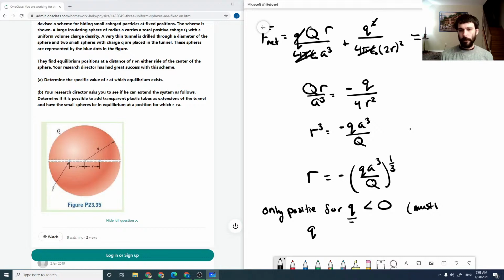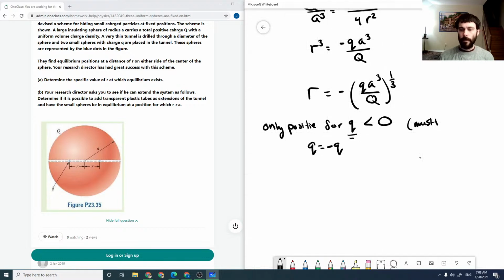We must have q equals minus q, or q negative, in other words. So the particles must be negatively charged. If they're negatively charged, then our r's would be positive, and it would be given by this value.